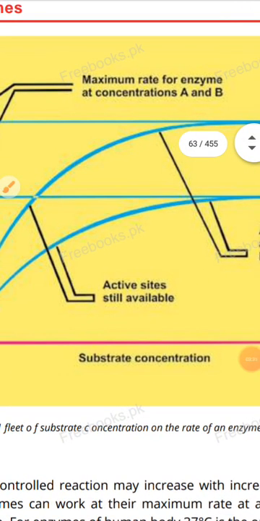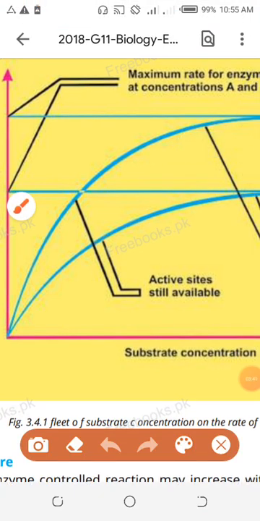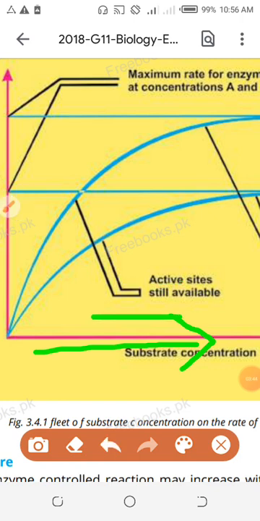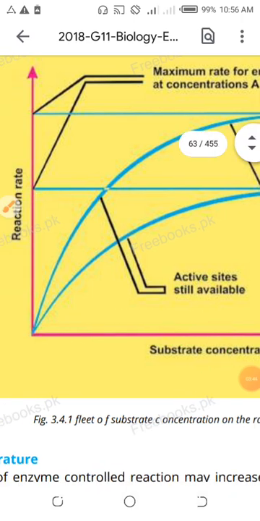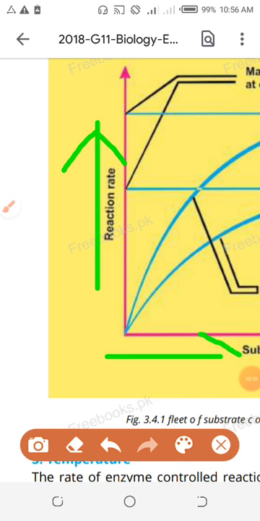So dear students, in this graph, along the x-axis is the substrate concentration, and along the y-axis is the reaction rate.